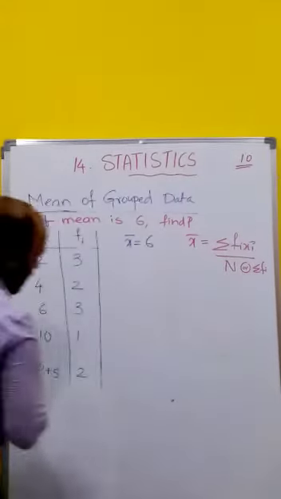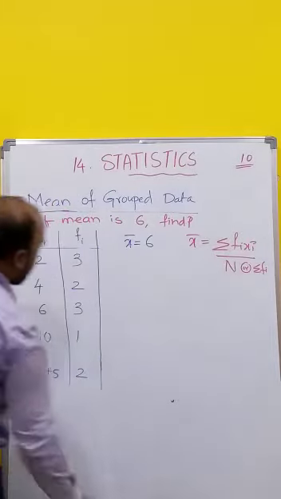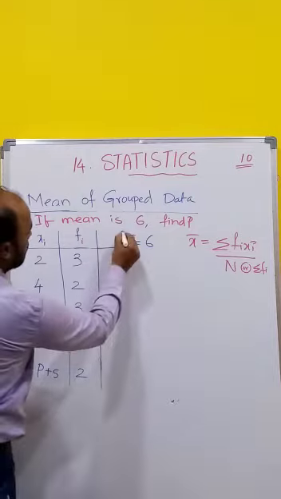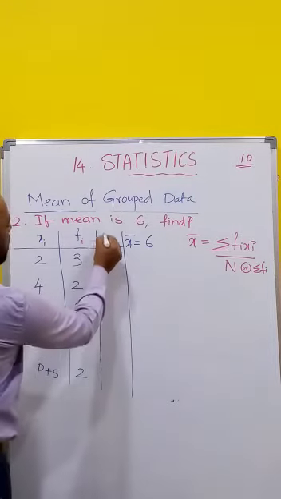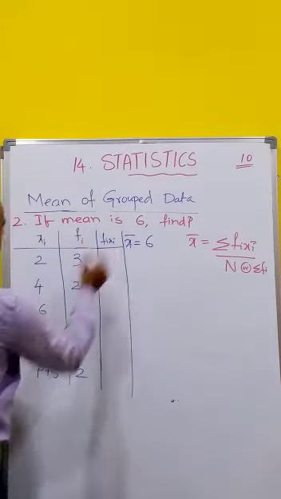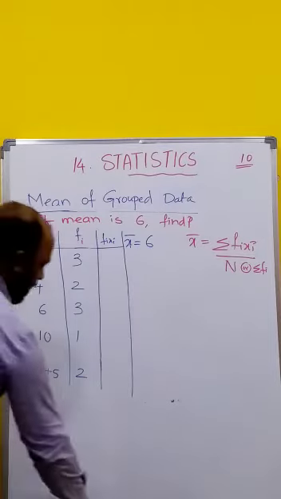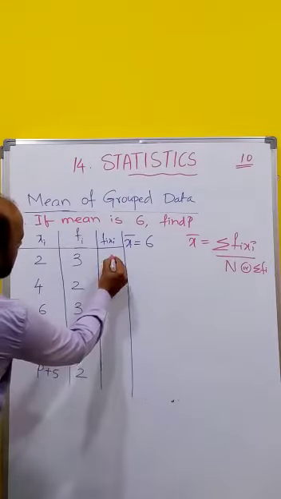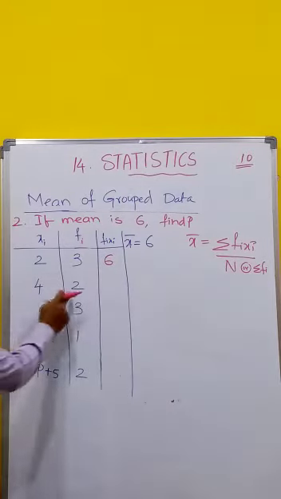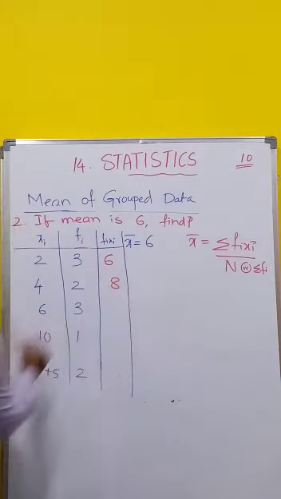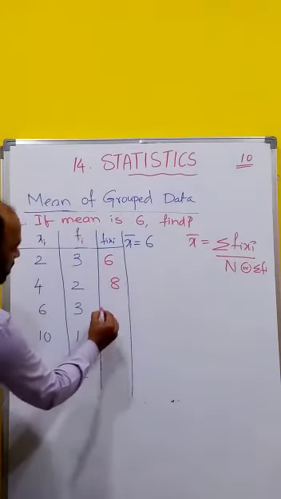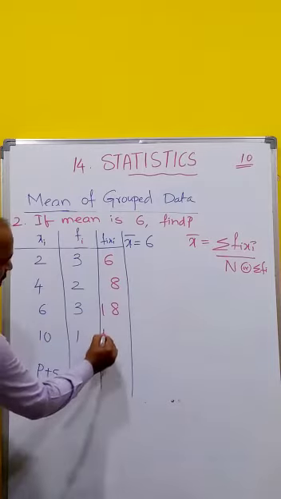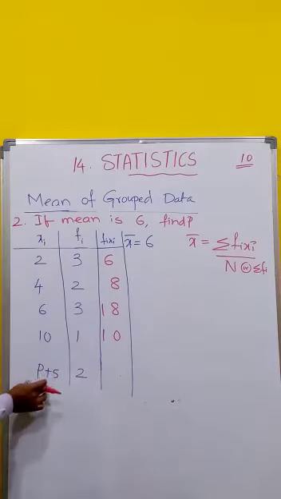What is step 1 in this? Here we have to find fi xi first. We have to multiply the x value and the f value. 2 3s are 6, 4 2s are 8, 6 3s are 18, 10 1s are 10, and p plus 5 into 2.